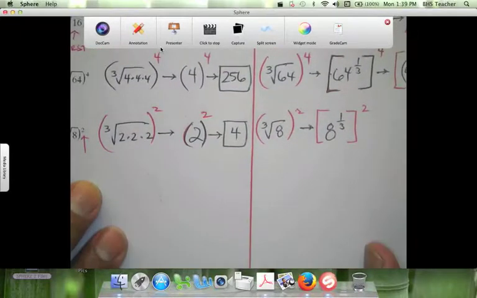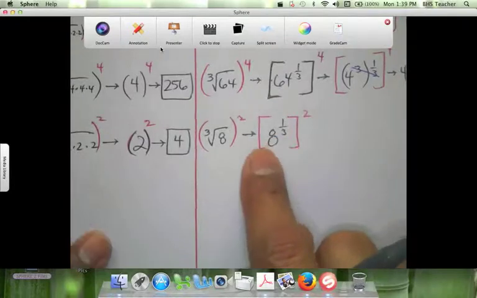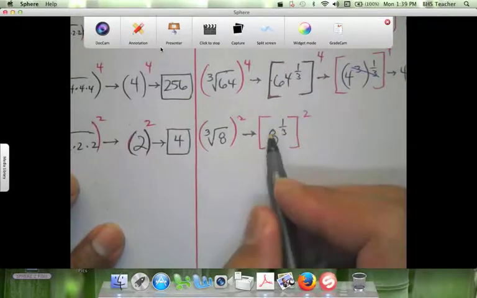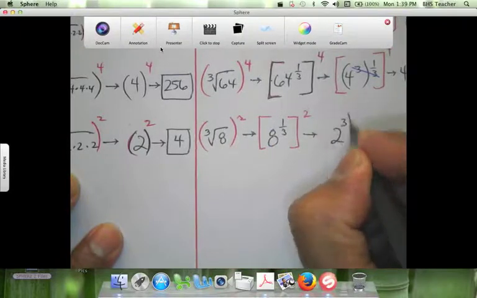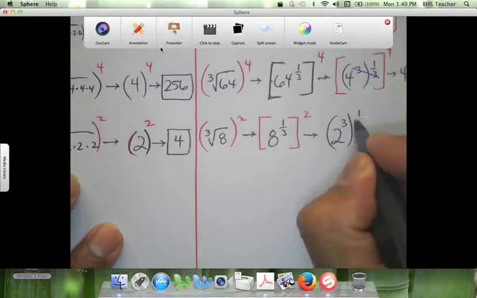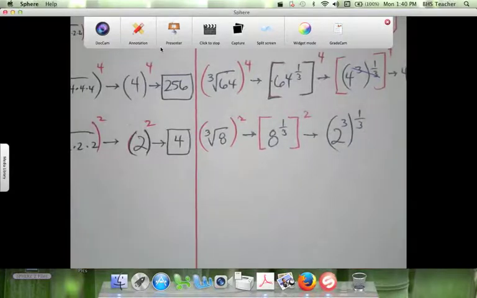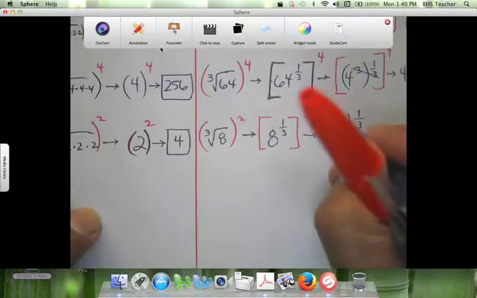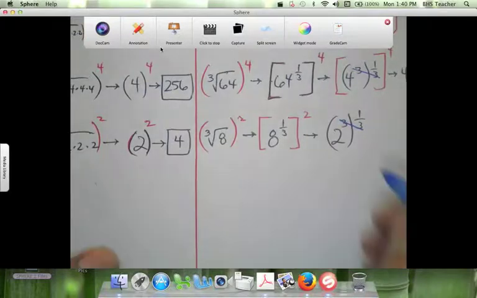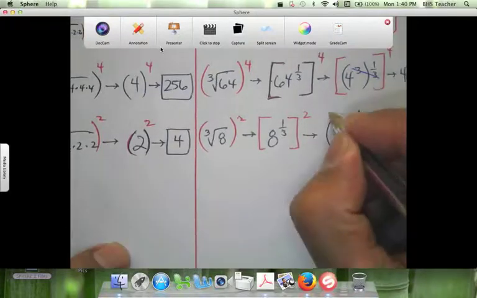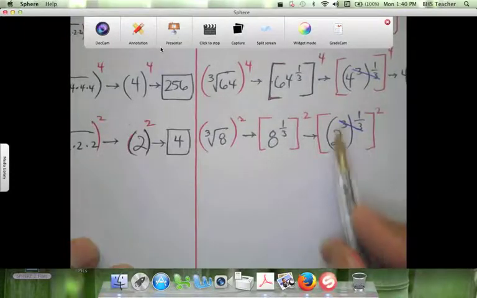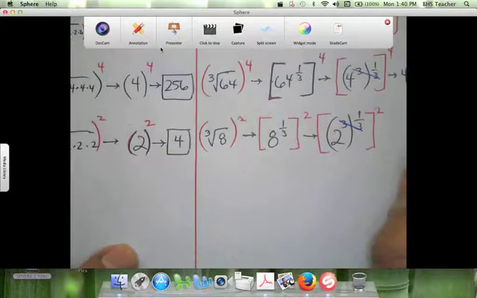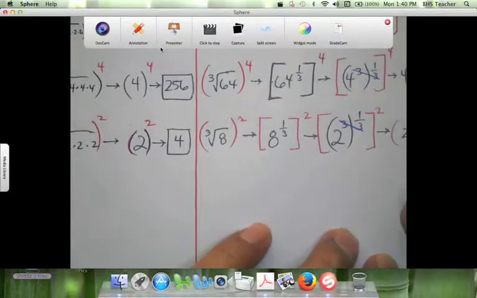So you got to use powers. Everything's going up to exponents, powers. So 8 is 2 to the power of 3. And then you got that 1/3. We know these 3's will cancel. And you still got on the outside that square that you got to do. So we got this answer for the inside. 2 to the power of 1 is just 2, squared. You get 4.